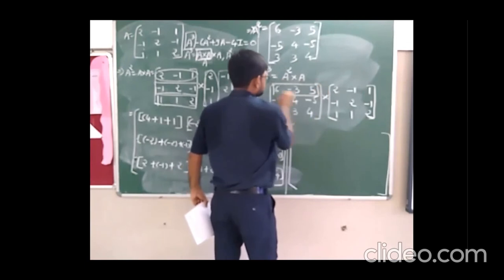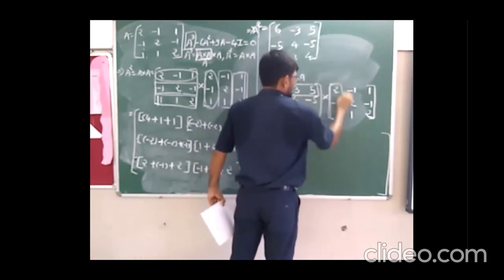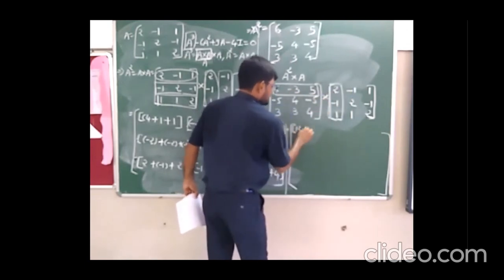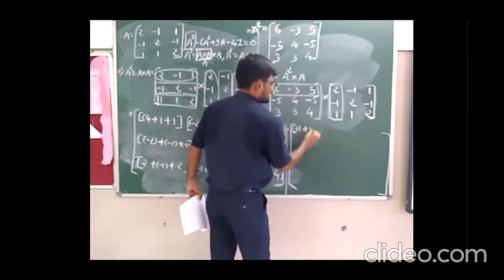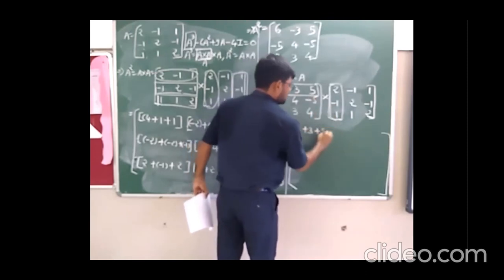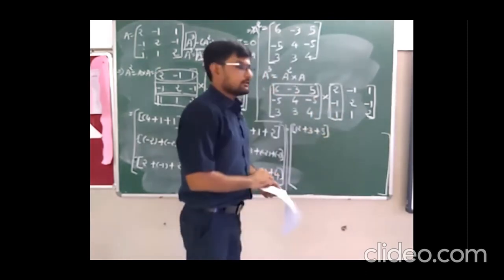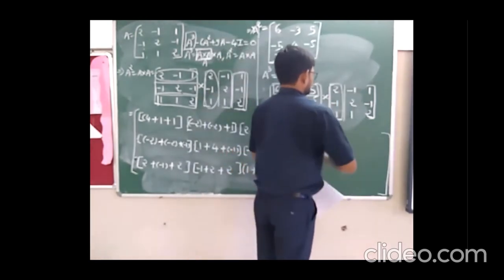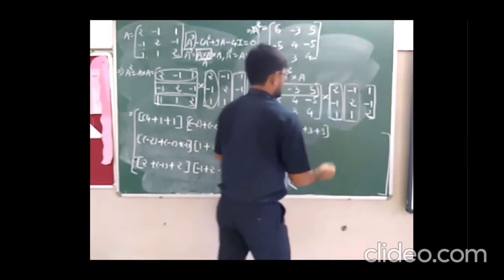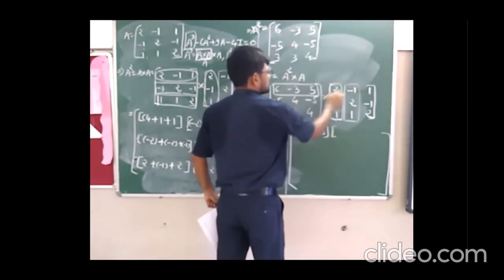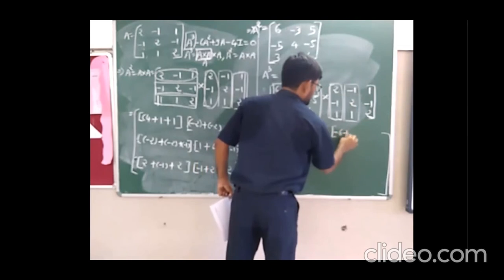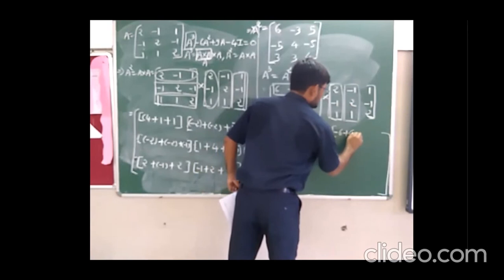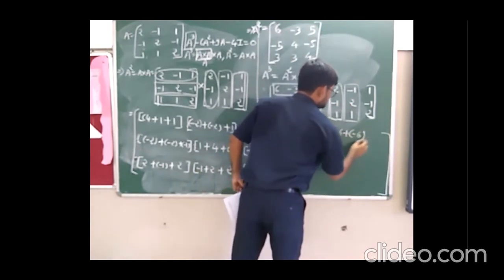First row into first column. 6 into 2, 12. Plus second into second, 3 into 1, 3. Plus 5 into 1, 5. Then first row, second column. First into first, minus 6. Plus second into second, plus minus minus, again it is minus 6.